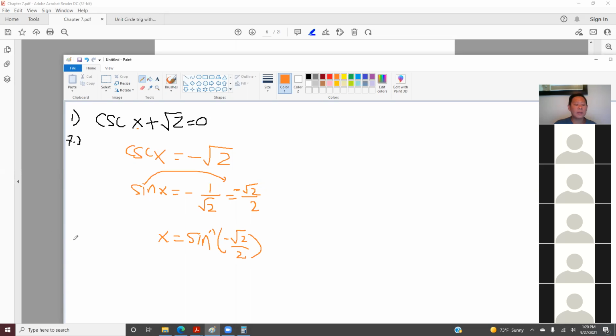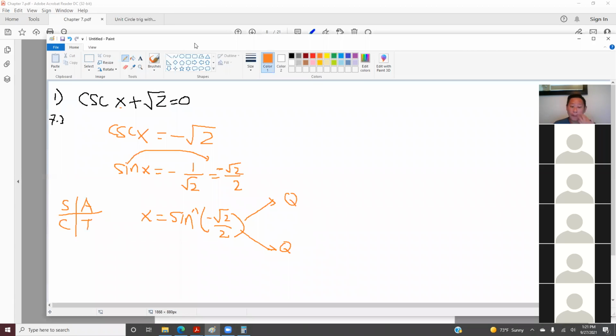So can someone tell me for sine, what quadrant is negative? For sine, what quadrant is negative? Would it be 3 and 4? Yep.